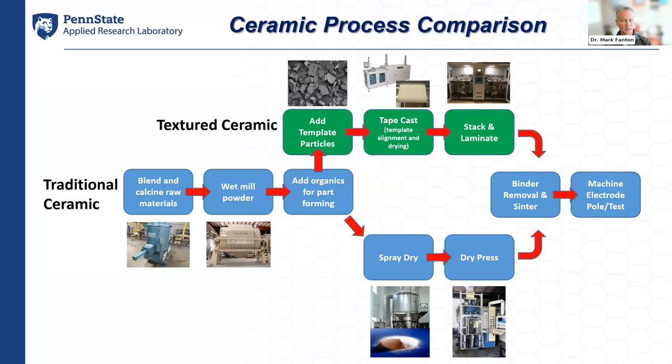But in general, what we are using are well-known, long-used ceramic processing methods. While they may not be necessarily widely used in the piezo ceramics industry, they are widely used in other ceramic processing industries, so that we're not having to develop new processing tools or techniques in order to create textured piezo ceramics.